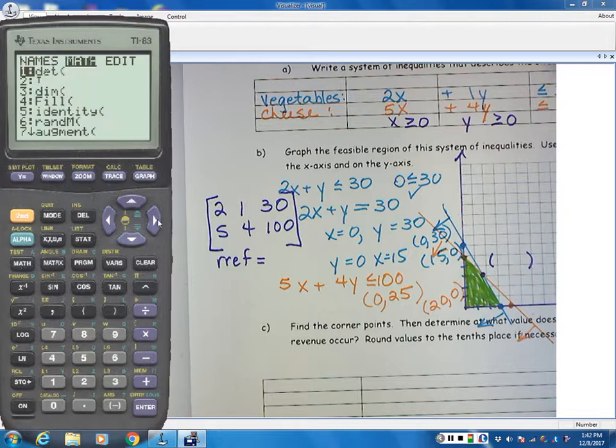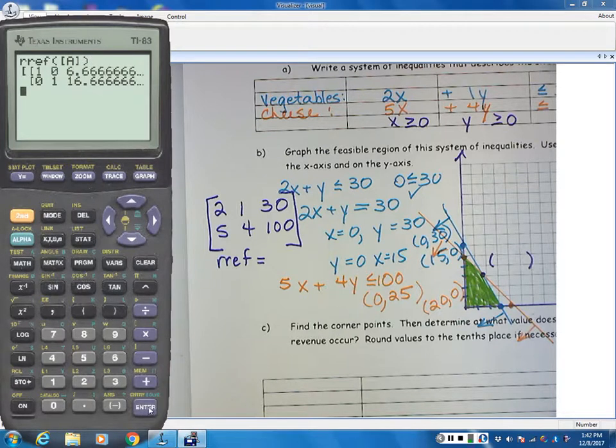So what we need to do is go over to the math menu on the matrix, down to RREF, and we use matrix A. And since it came out to be decimals, I'll ask you to change that into a fraction.